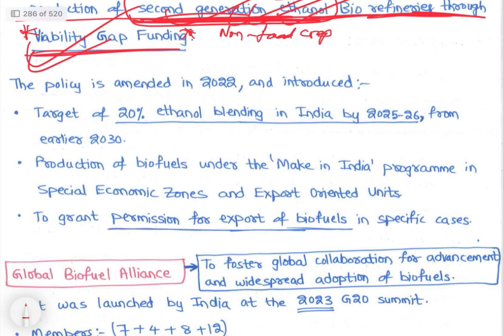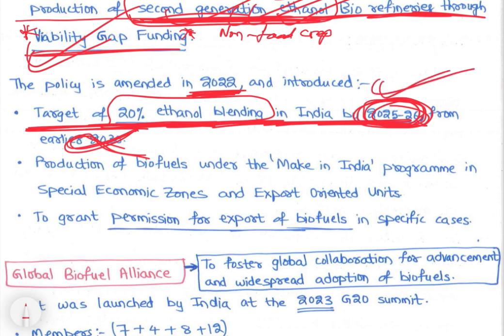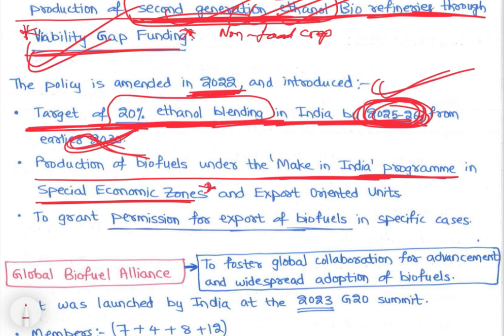Then policy was amended in 2022 and introduced target of 20% ethanol blending in India by 2025, so earlier 2030 थी, so अभी the 20% ethanol blending in India by 2025-26. Right, then production of biofuels under Make in India program in special economic zones and export oriented units.